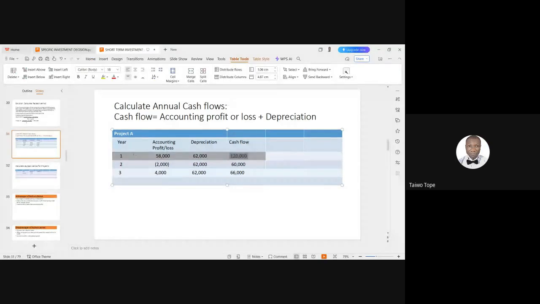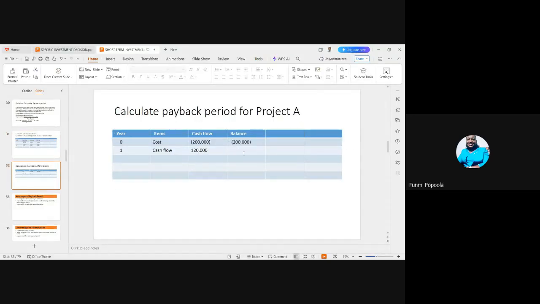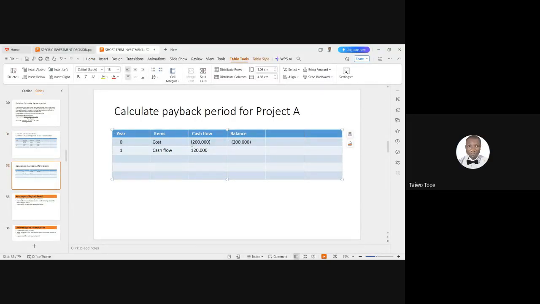Can you see this highlighted region? Accounting profit or loss plus depreciation as at year 1. See it here: 58 plus 62, 120. I've seen it. So 200,000 minus 120.